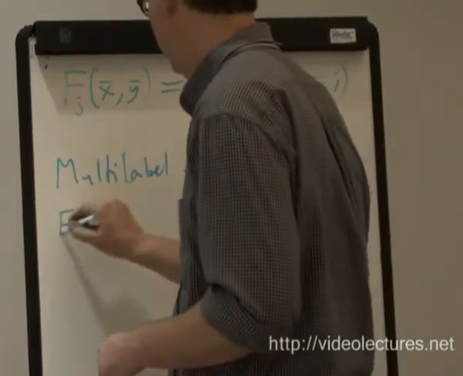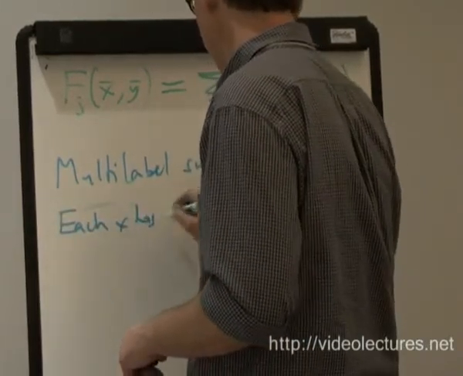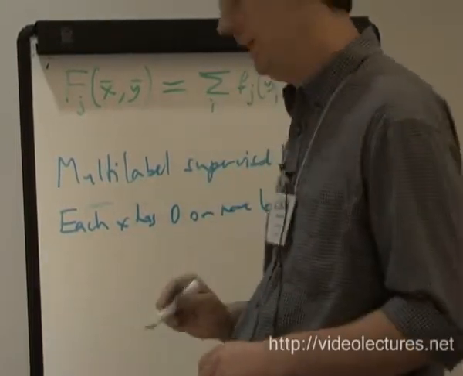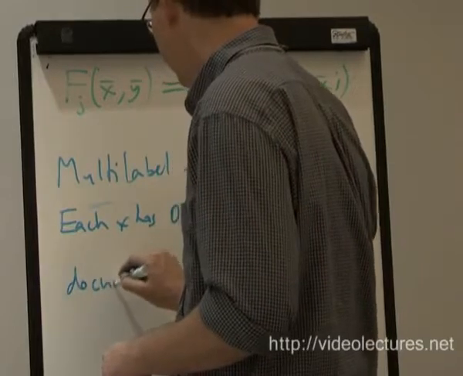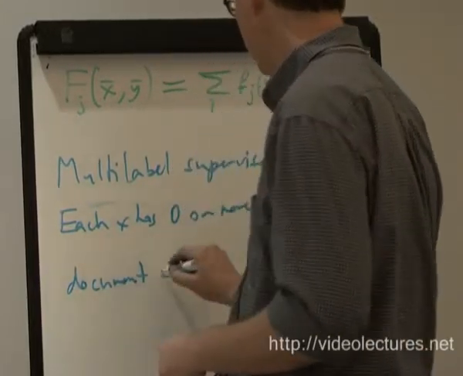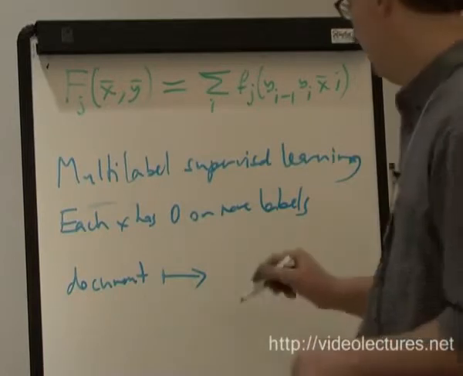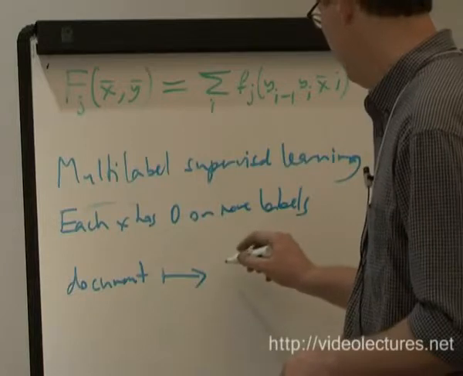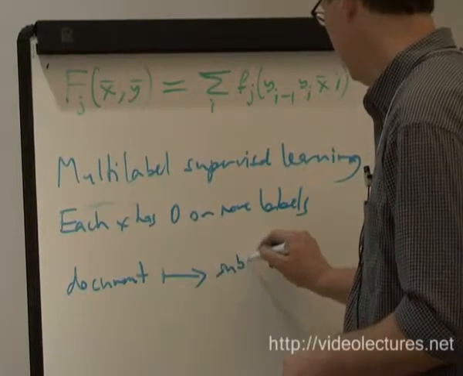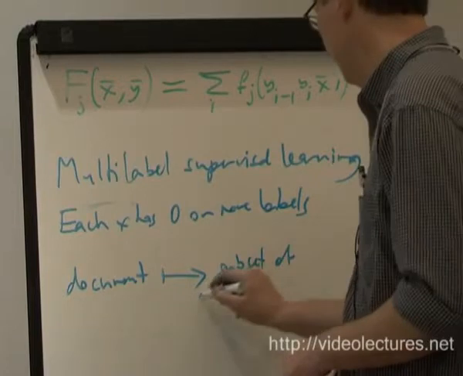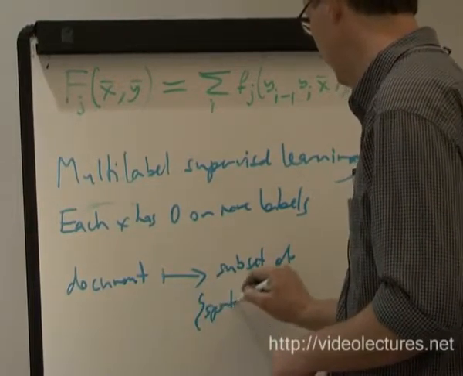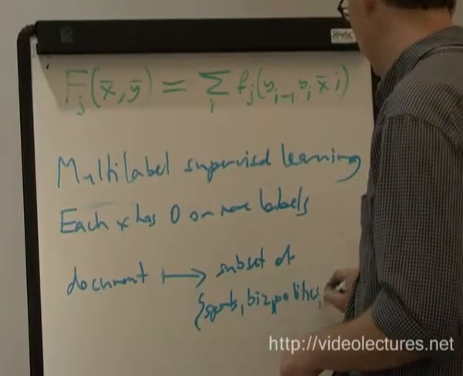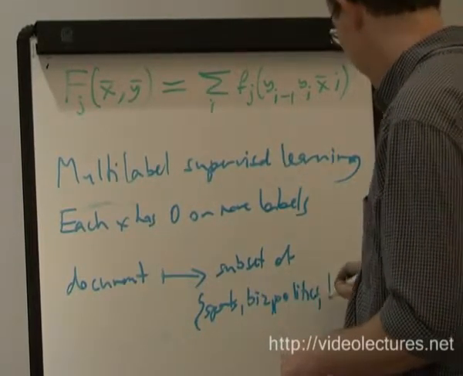So each X has 0 or more labels. For example, each document, maybe you want to map it onto some subset of sports, business, politics, TV.